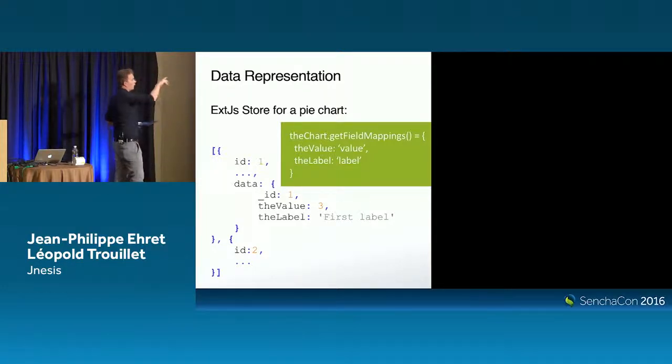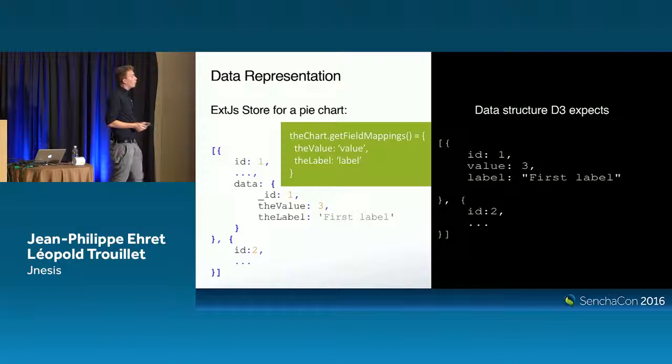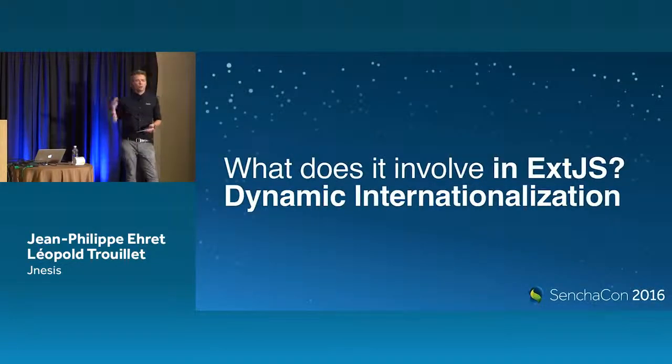So you just have to set field mappings in your chart config that say, okay, the value will turn into value and the label will turn into label. And the magic will be done, and our method that we built will return you a flat array. So it's not Ext JS data models in it, it's just a JavaScript array with the right structure. So that's the data-driven part.